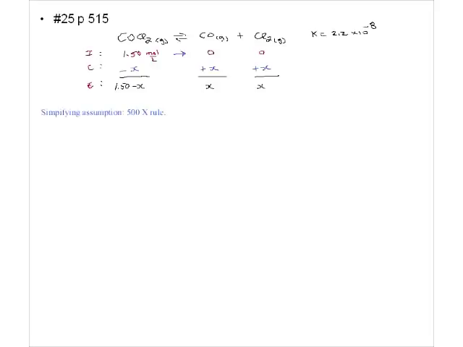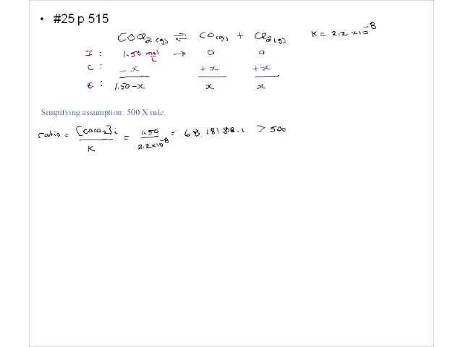So what we have to do is say, let's do our simplifying assumption. We do the 500 times rule, and as I said, on the public exam, they're going to be looking for you to state that you're doing a simplifying assumption here. We do our simplifying assumption by simply saying it's the ratio of the initial concentration of COCl2 divided by K. We put those values in, so 1.5 divided by 2.2 times 10 to the minus 8.